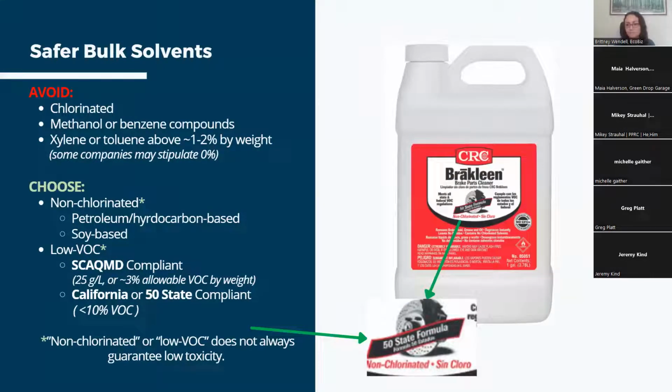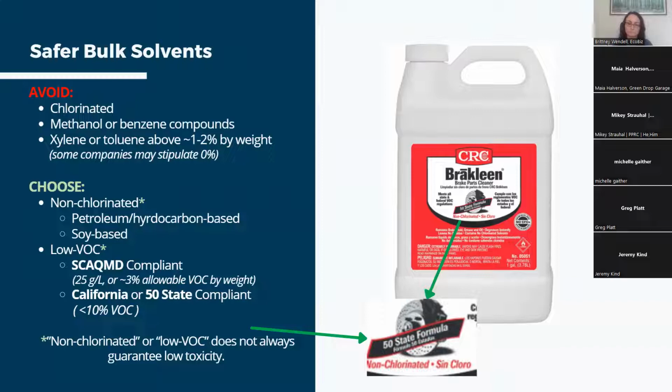Next, safer bulk solvents. If you continue to use bulk solvents, here are a couple of things to avoid: chlorinated, methanol or benzene compounds, and xylene or toluene. Some companies may stipulate they want 0% because these are carcinogens.